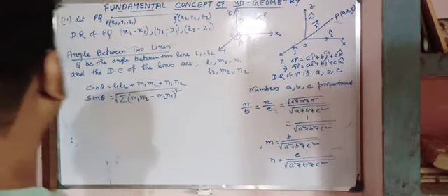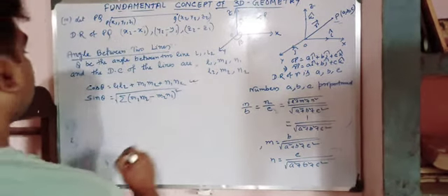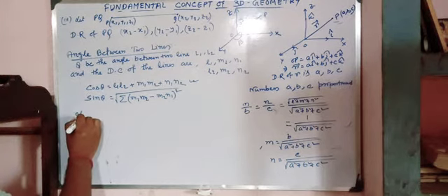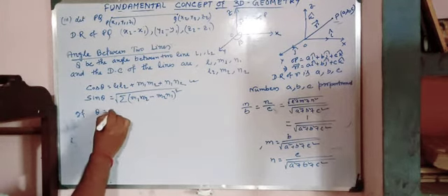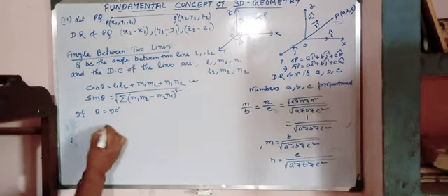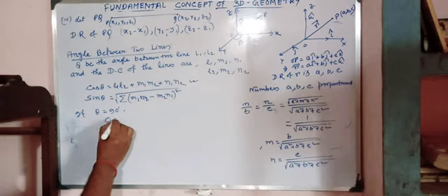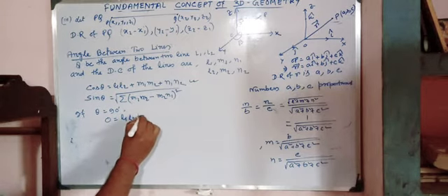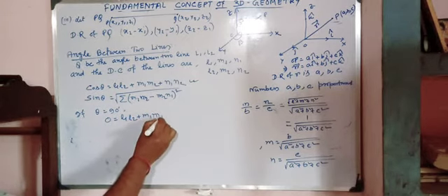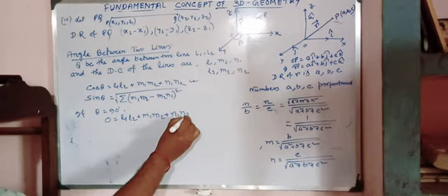So from here we can see that if theta is equal to 90 degrees, then cos 90 is equal to 0, that is 0 is equal to l1 l2 plus m1 m2 plus n1 n2.